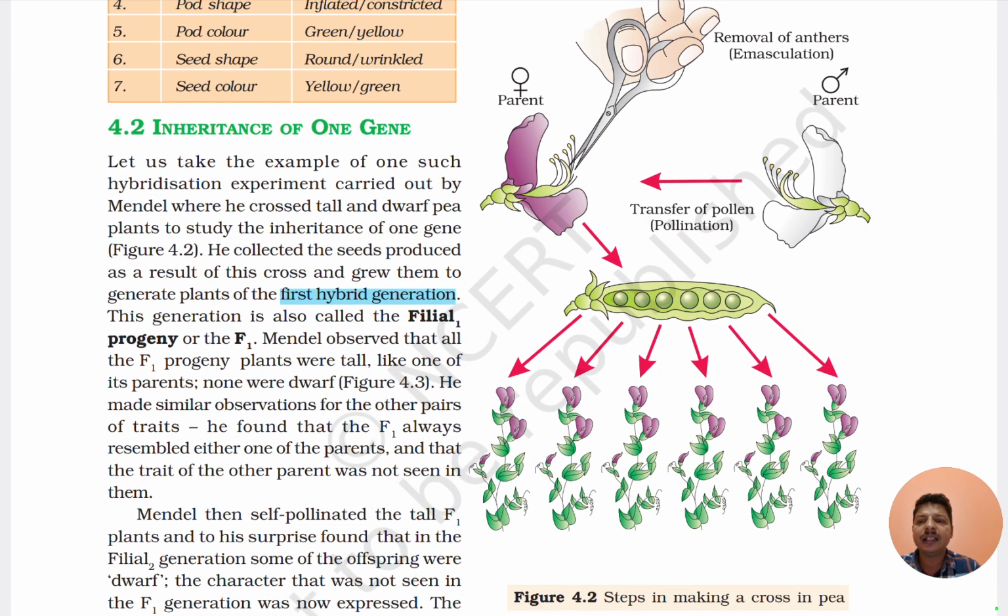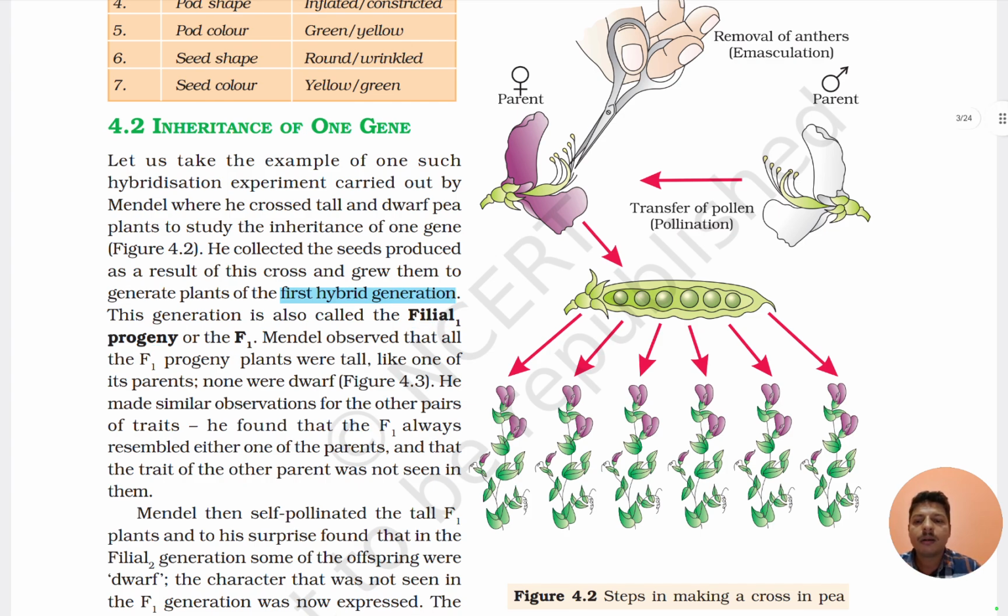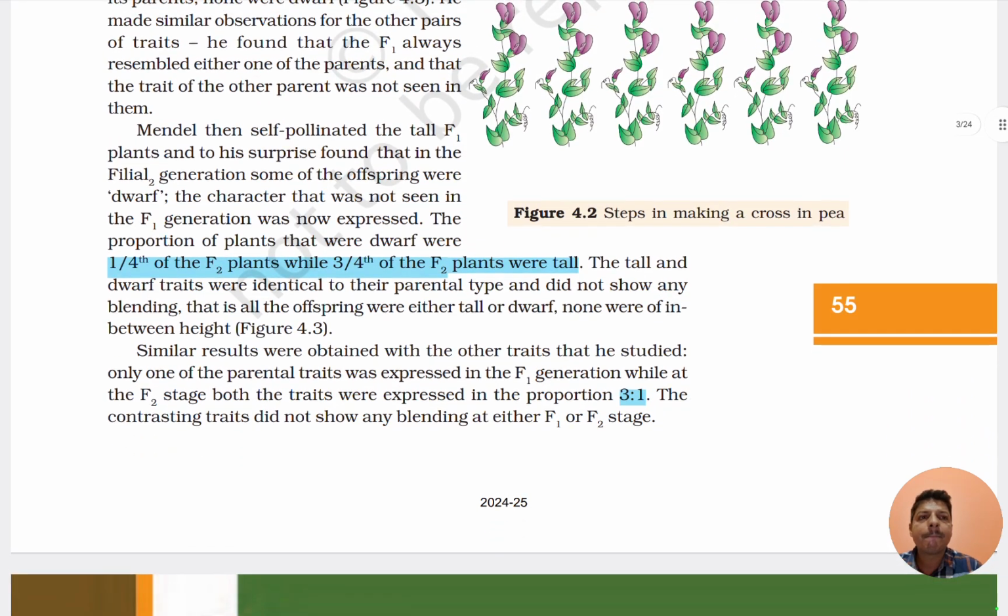Inheritance of one gene. Here what happened? The first generation is called first hybridization, also called filial one progeny or F1 generation. Then here you can see the proportion of plants that were dwarf was 1/4 of the F2 plants, while 3/4 of the F2 plants were tall.